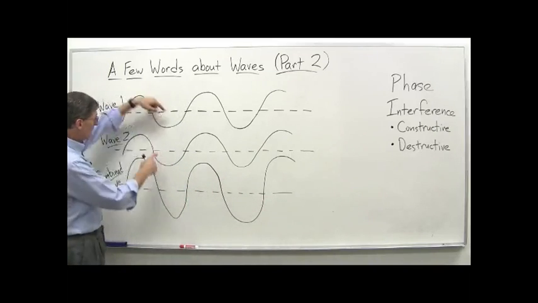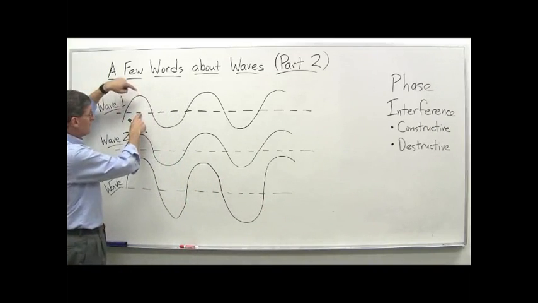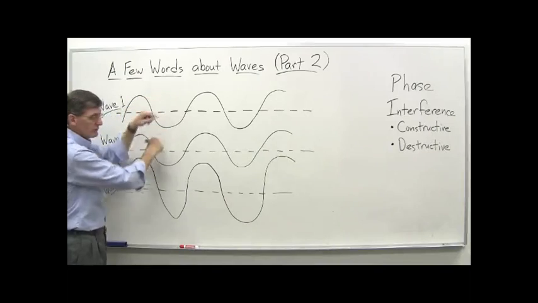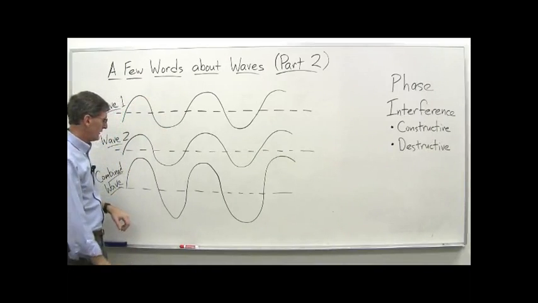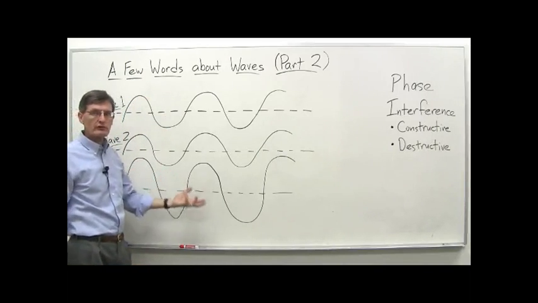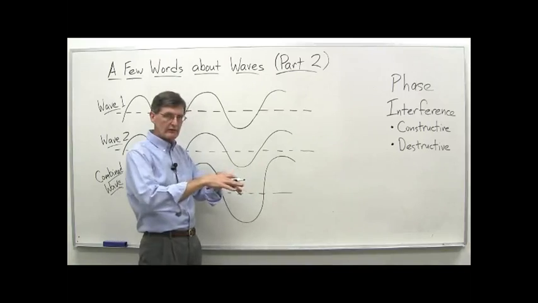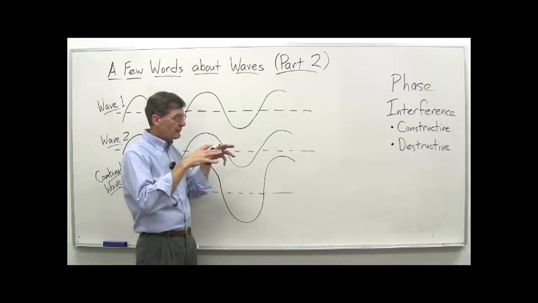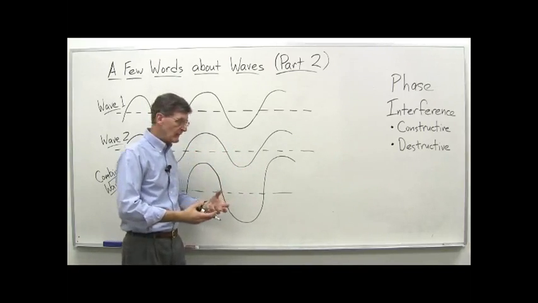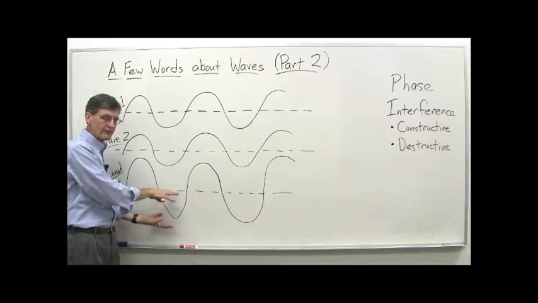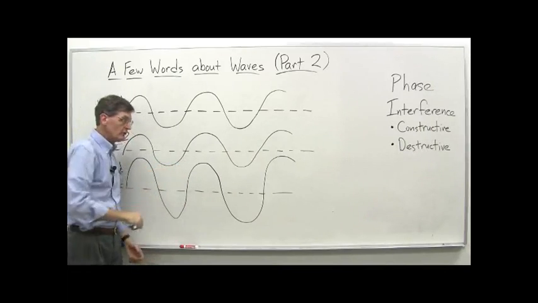Remember, the idea of the amplitude is the distance from the highest peak to the center point there, or also the lowest point there. And so this is known as constructive interference. The waves are interfering with each other, coming together, they're adding together, but they're doing it constructively. Okay? In other words, the peaks add, and you get bigger peaks, and the trough sections add as well, and you get deeper troughs that way.